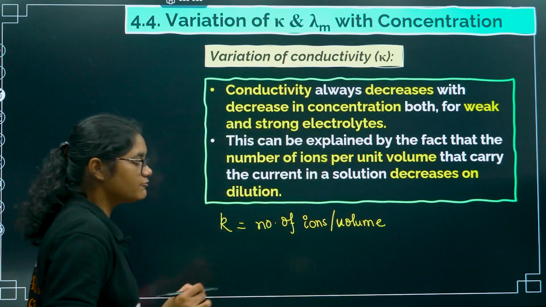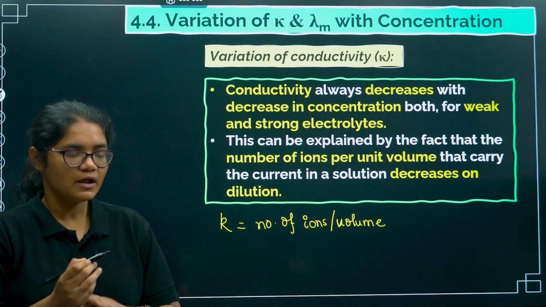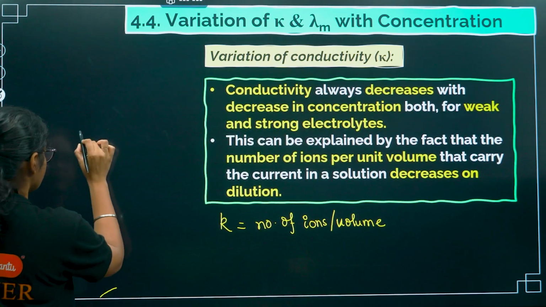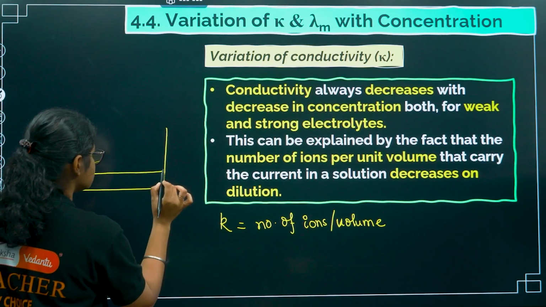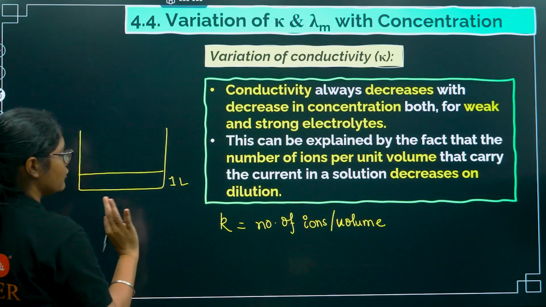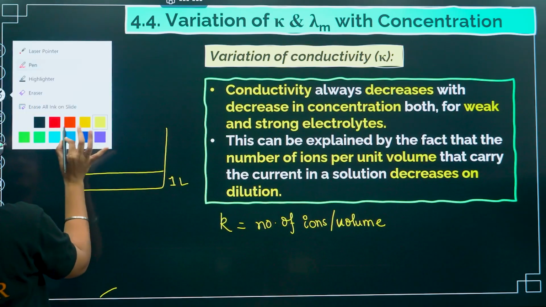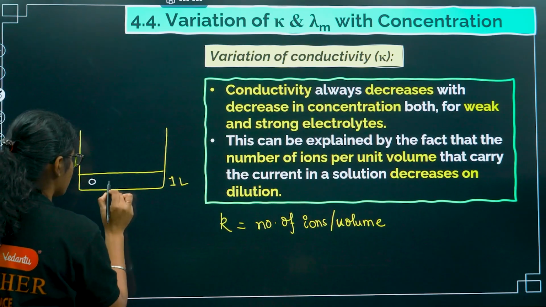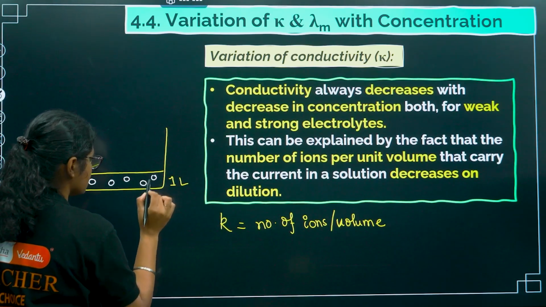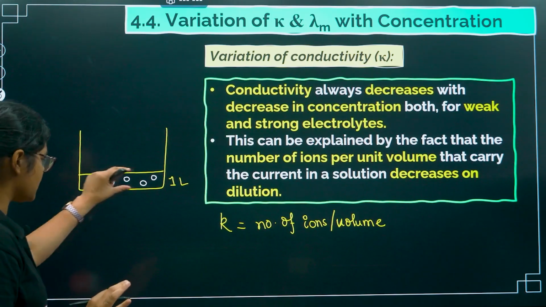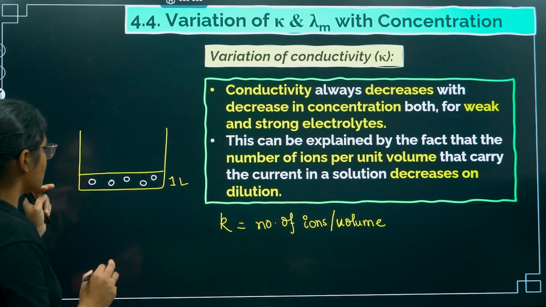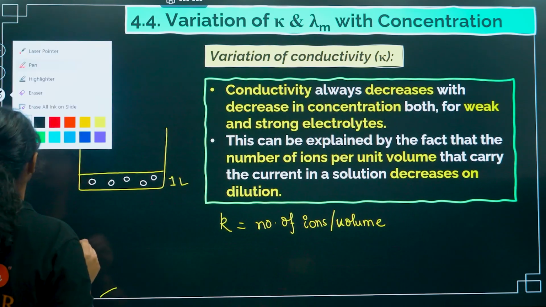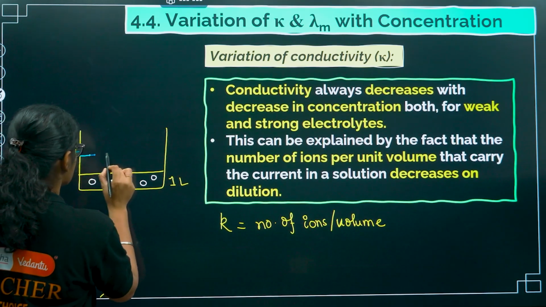Let us see that we have a container with 1 liter volume. Suppose 5 ions were present. Whatever conductivity was calculated here was your kappa at that time. Now what I did was add more water.